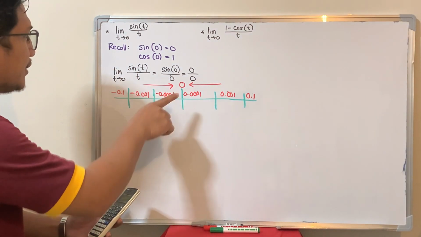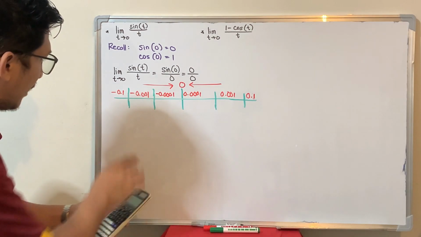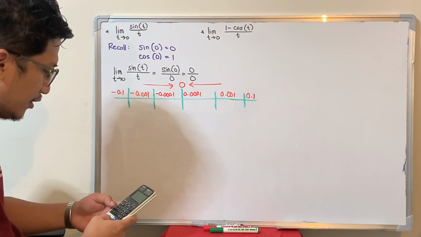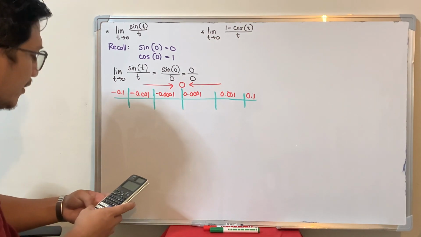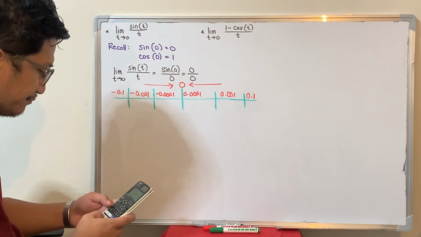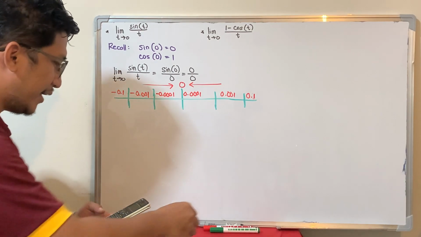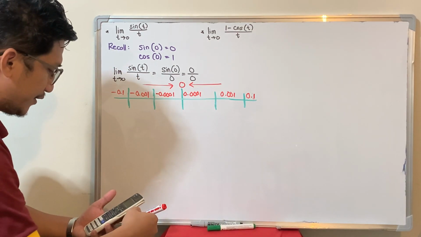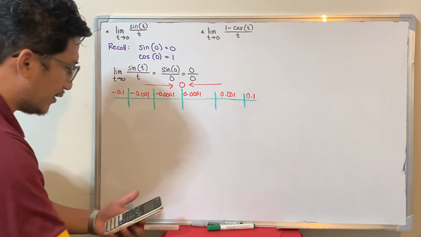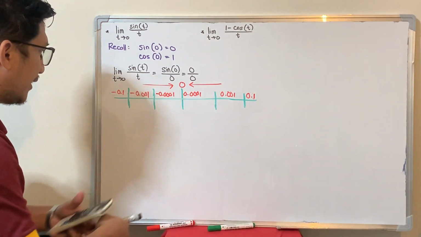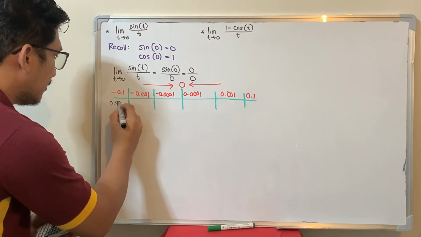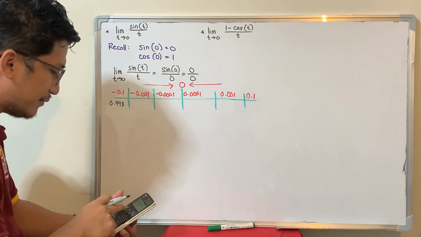So when you substitute these numbers to the function, we actually have the sine of negative t over negative t. Guys, you may also verify using your calculator. So the result is, first, approximately 0.998. Anyway guys, it is approximate, and I rounded it off to 3 decimal places.